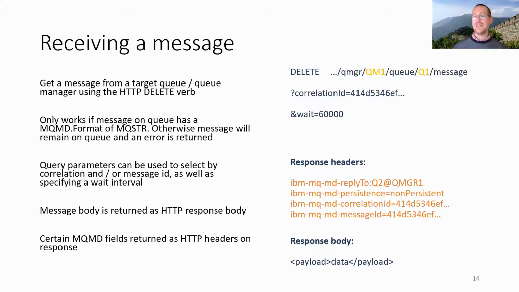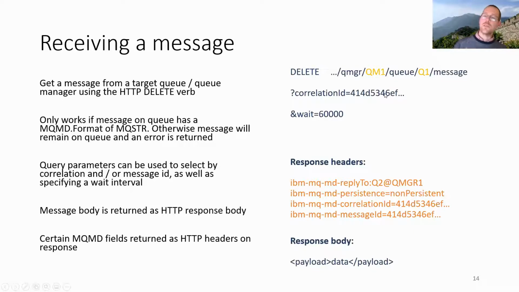If you just issue that single call, delete, and that URL, then you'll get the first message on the queue. Now, obviously with MQ, you've always had the ability to query for other messages by providing a particular correlation ID. Perhaps you're waiting for a particular response with a particular correlation ID. So that request is provided as a query parameter, and you can see it here, question mark, correlation ID, and then a hex correlation ID.